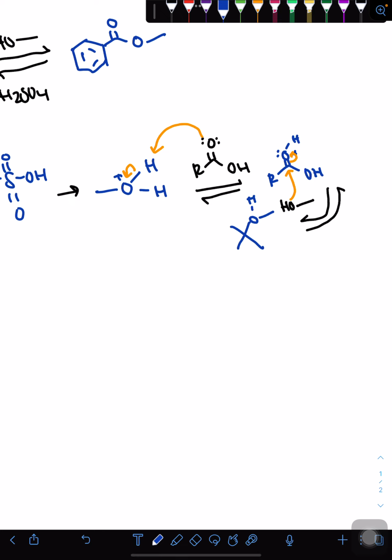There's an H here. This is still positive. We have an OH group here, the R group, and another OH. Because you remember this is the HO with methyl, is this right here.